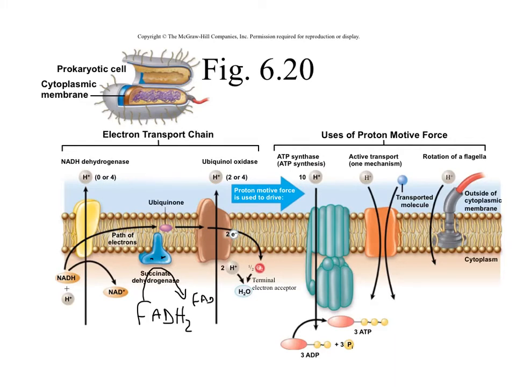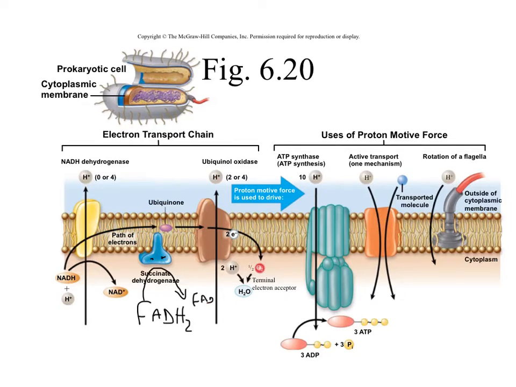Each time we transfer the electrons, from here to here, that's a redox reaction. This became reduced, this became oxidized. Then we move those electrons to ubiquinone, so now this is oxidized and can receive electrons from the next NADH. Ubiquinone moves through the lipid layer and brings them here, and we then transfer the electrons to oxygen, and we pump protons a second time.